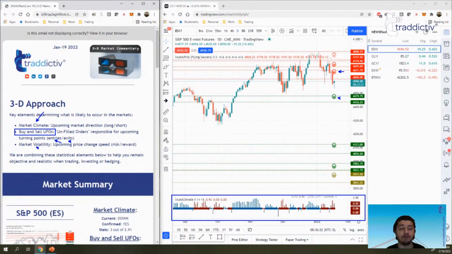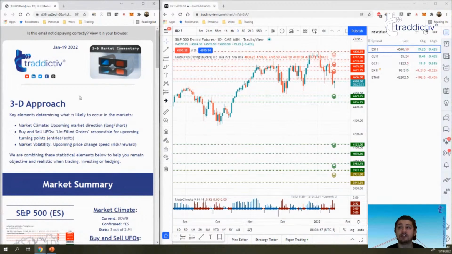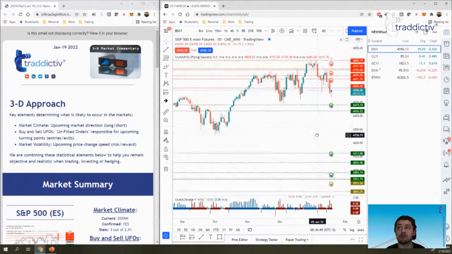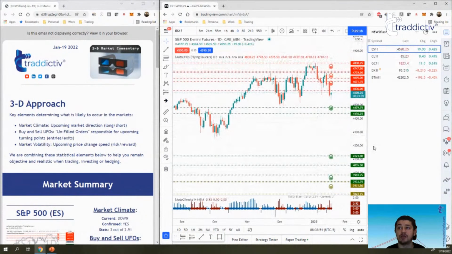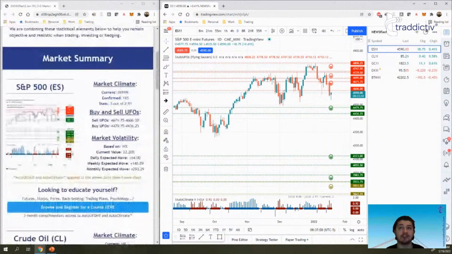And then, of course, the market volatility, the statistical element of this market's movement, whether we should be adjusting risk or reward ratios based on how this market's moving. So we utilize these three dimensions to remain objective and realistic when trading, investing, and hedging.